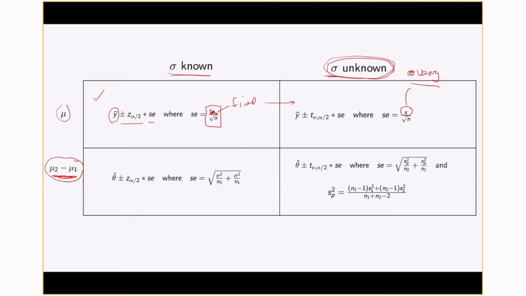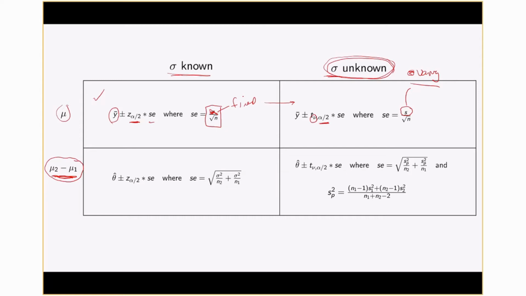Gossett, also known as Student, showed us that instead of using a Z distribution, we could use a T distribution. The Z distribution is the standard normal, and all you have to know is alpha over 2. The T distribution, in contrast, requires alpha over 2, the permissible error, but you also have to know the number of degrees of freedom.